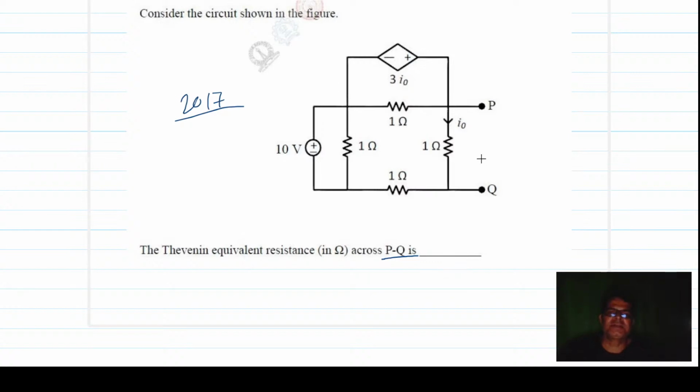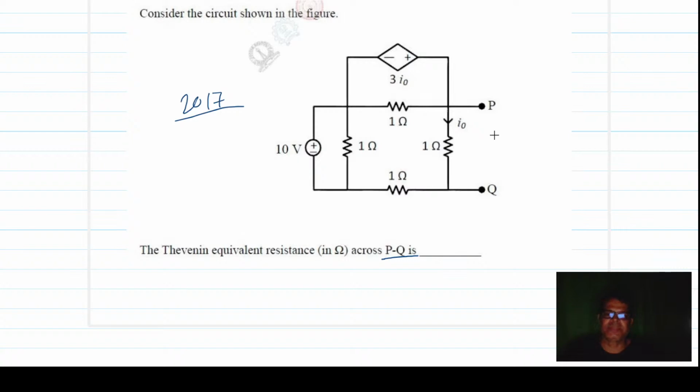The other way is to drive a 1 ampere current, and again find the voltage. That voltage will be numerically equal to the Thevenin resistance. Another way you have studied is to find the open circuit voltage and short circuit current.